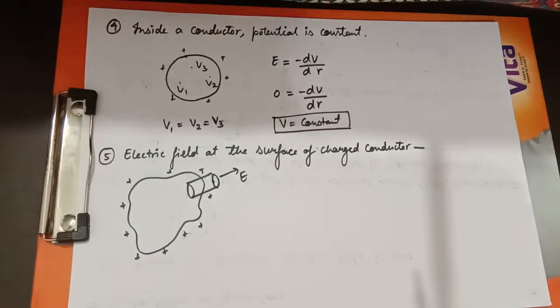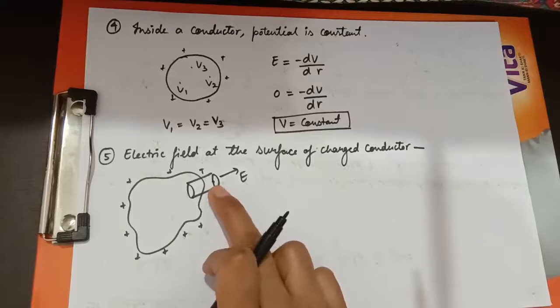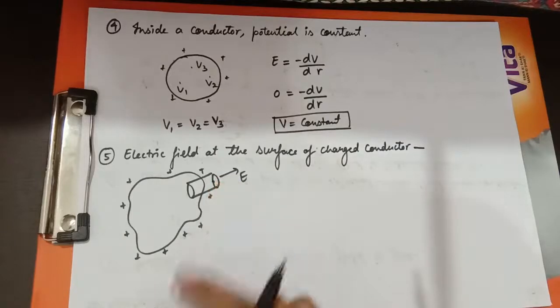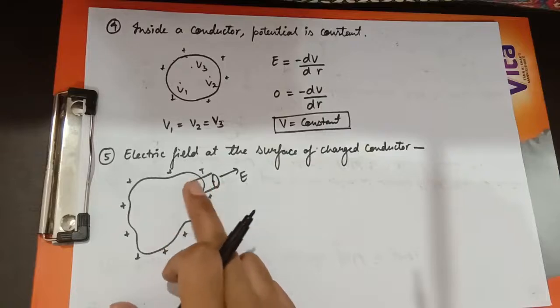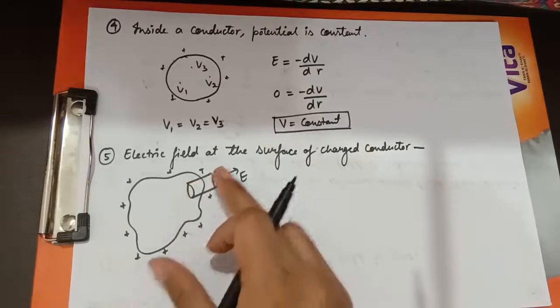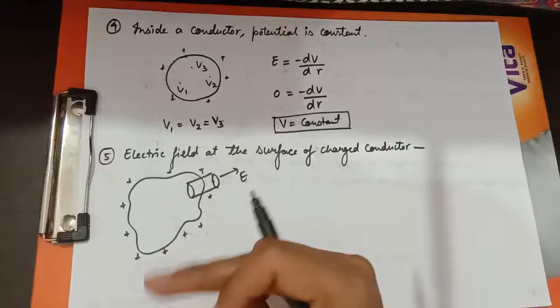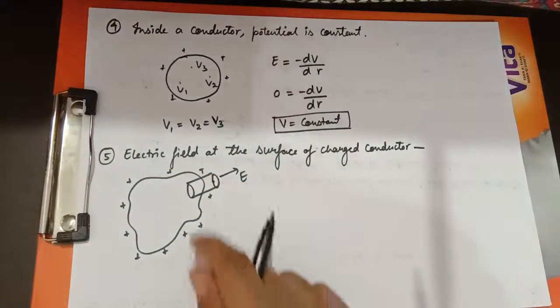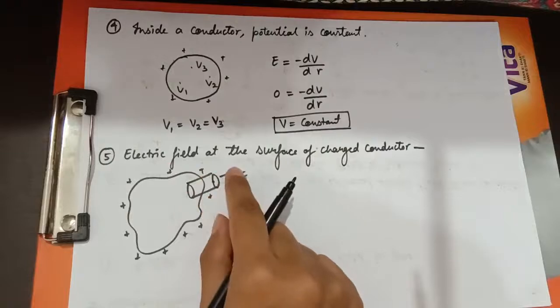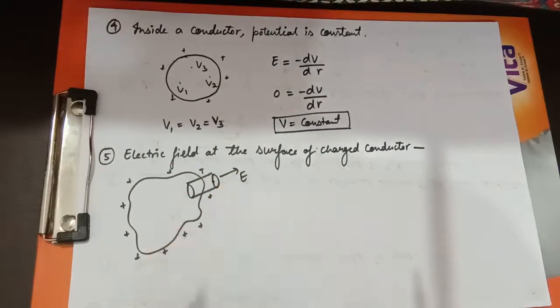So the contribution to the total flux through the cylinder comes only from the outer circular cross section of the cylinder. As you can see, there is no charge inside, so no contribution from this side and no contribution from the cylindrical surface. Why? Because between the area vector and electric field vector there is a 90-degree angle.